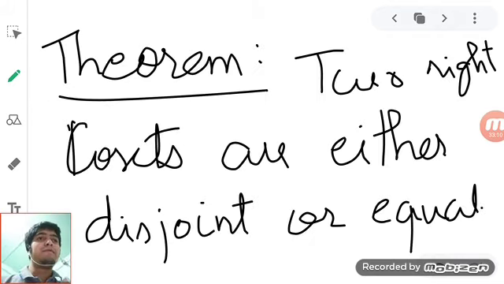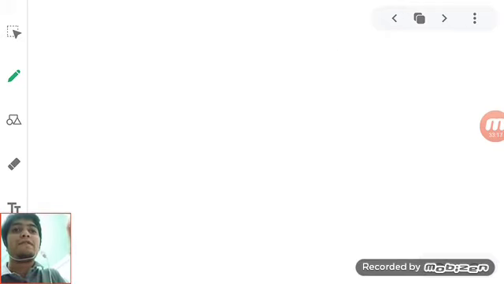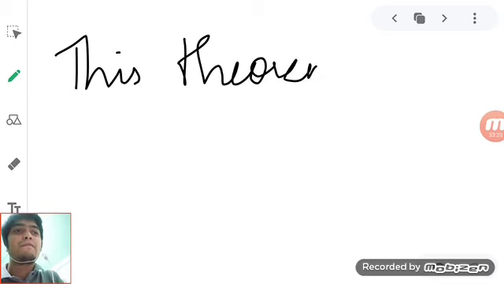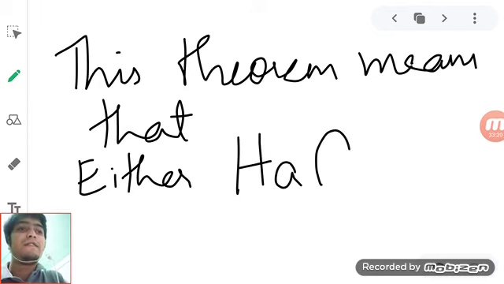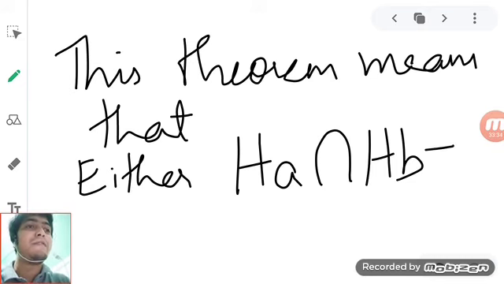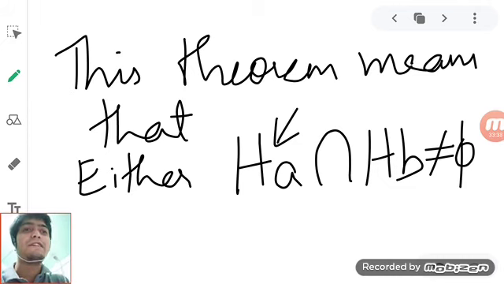So what is this theorem saying? This theorem means that either Ha intersection Hb is non-empty, because Ha is in fact a set.